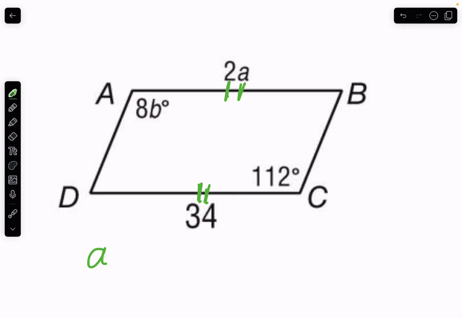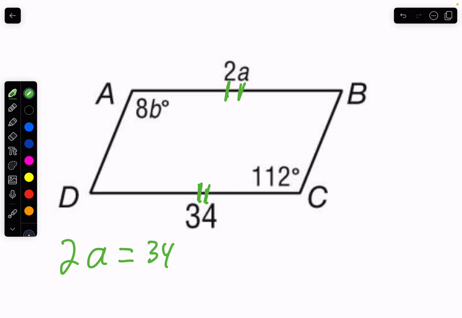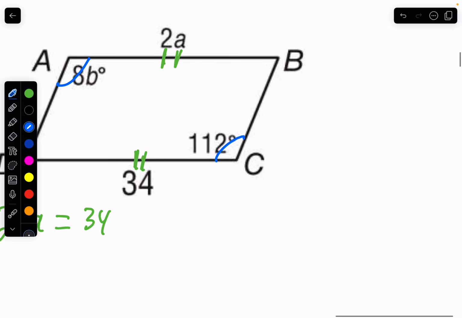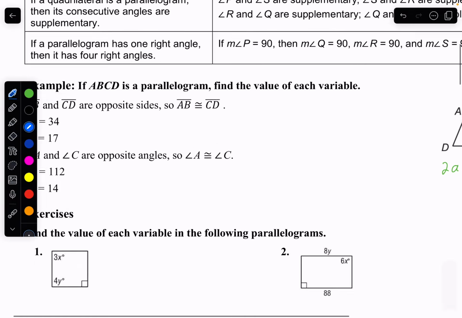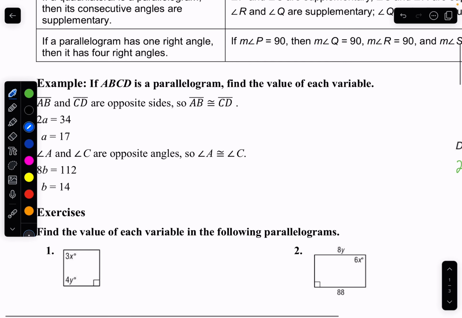Therefore, 2a equals 34, and you do the algebra from there. And then the other thing that we need to understand is that the opposite angles are going to be congruent. So B equals 112. And then you do the algebra from there. And that is the example.